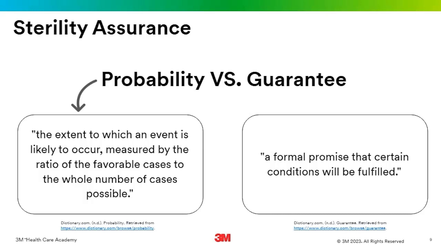And that's the extent to which an event is likely to occur, measured by the ratio of the favorable cases to the whole number. So in plain English, if we do everything that we can and control all the variables that we can, our probability of achieving sterility is high, but still not 100%.